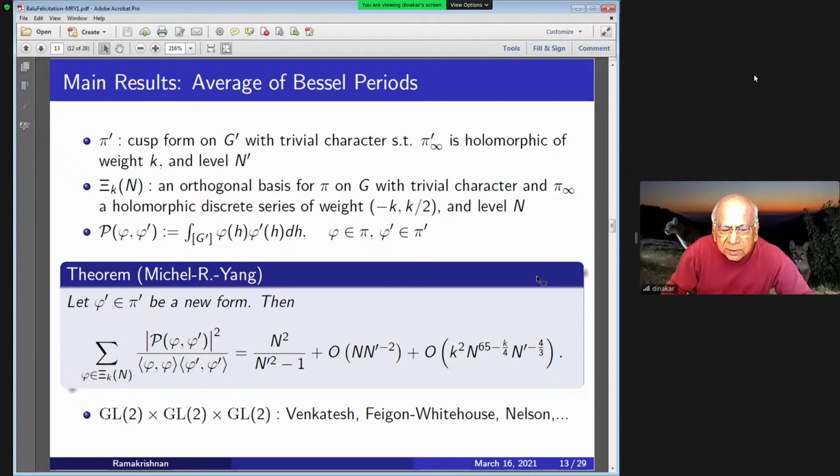This is kind of similar to that case. In the triple product case, the degree of the L function is 8. Here, the degree of the L function over Q is actually 12. So it's a bit complicated.